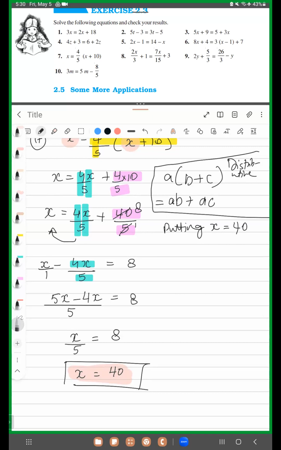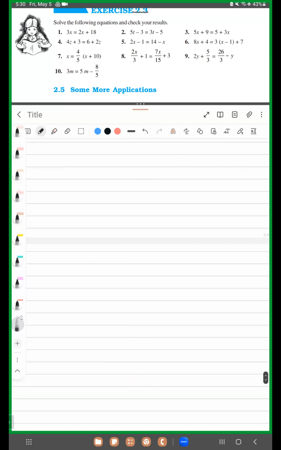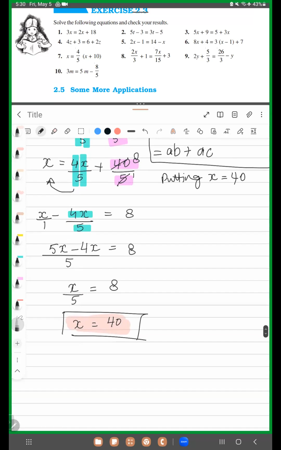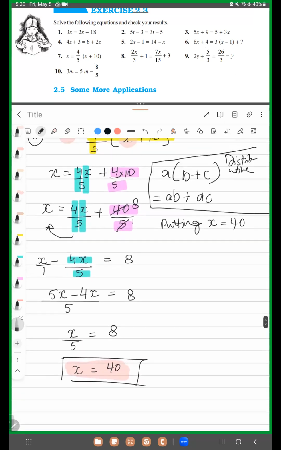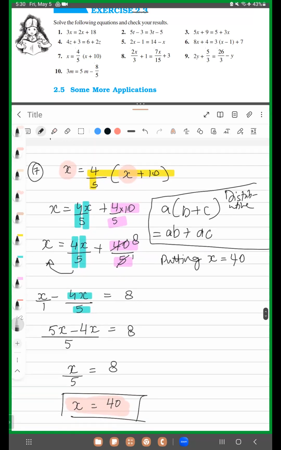If you remember last year, you used to do such questions. आपकी जो first exercise थी उसमें ऐसे questions थे: check whether x is equal to 2 is a solution of the following equation. है ना? इस टाइप के क्वेश्चंस हुआ करते थे. तो वही सेम चीज हम यहाँ पे कर रहे हैं. We are checking whether x is equal to 40, जो हमारा आंसर आया है ये सही आया है या हमने कोई गड़बड़ करी है. So you're going to put x equal to 40 in the original equation.